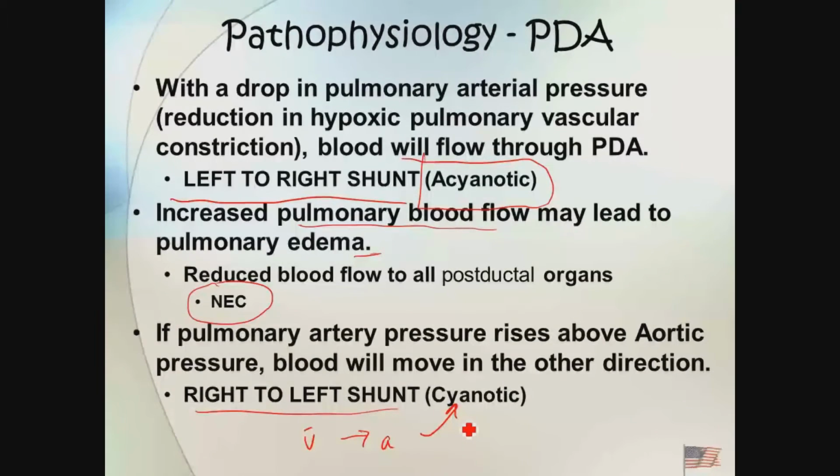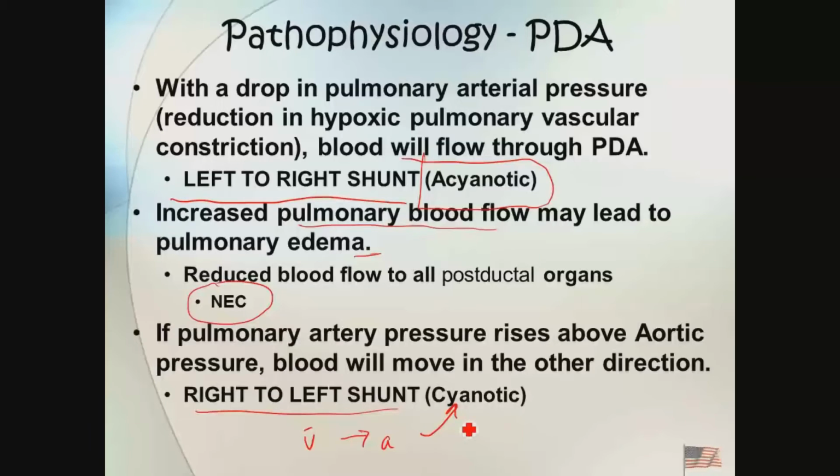Yes? Probably the latter, the right to left shunt, because we end up seeing that more so with the other diseases that are present, because a child's hypoxemic secondary to, say, RDS or diaphragmatic hernia, that's going to cause them to have the pulmonary hypertension remaining, and you'll end up having that right to left shunt present.